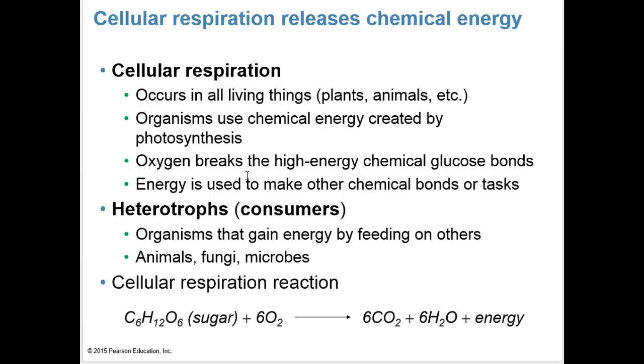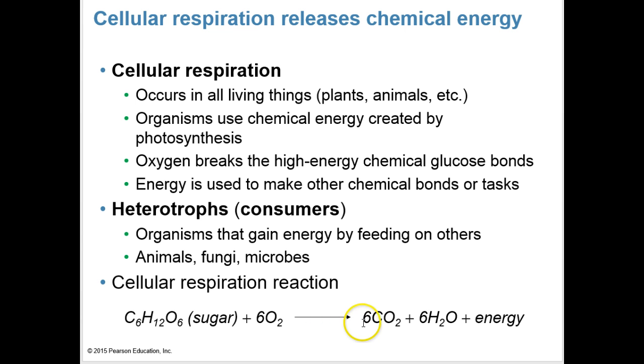The cellular respiration equation is actually just the opposite of the photosynthesis equation, where we take sugar in the form of glucose, which, remember, came from photosynthesis, and we breathe in oxygen, which is also a product of photosynthesis. Thank you to all of our autotrophs for that.